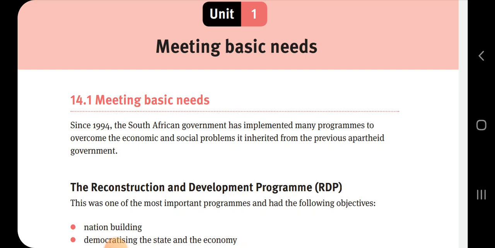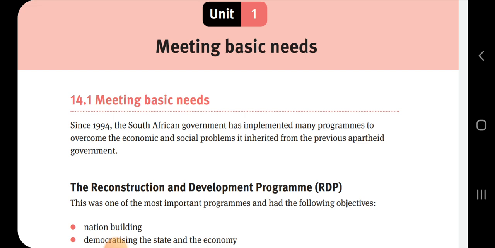The mission of that political power was to redress the problems that Black people, the colored communities and Indians had, right? So they had to integrate them into the economy, as they were not well integrated because of the apartheid rules.